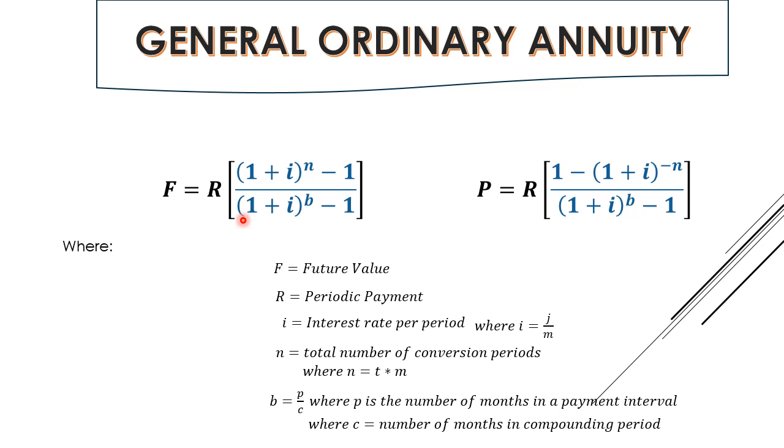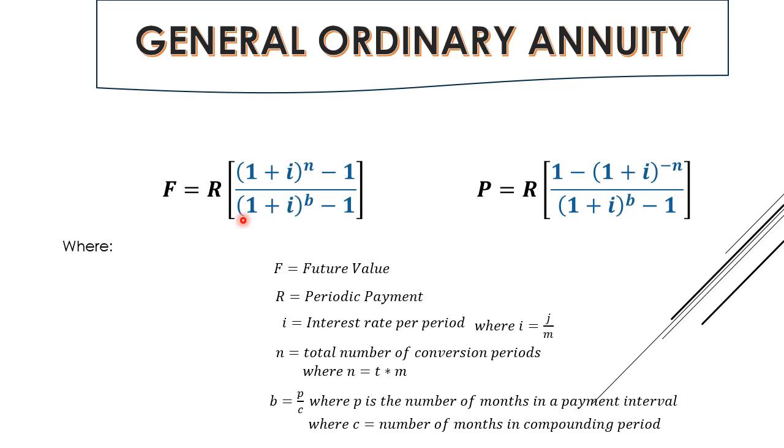And your C there is the number of months in compounding period. So for example, if it is compounding annually, that would be 12 months. If it's compounding semi-annually, that would be 6 months. And if it's compounding quarterly, that would be 3 months.